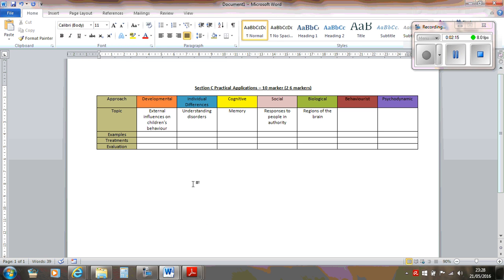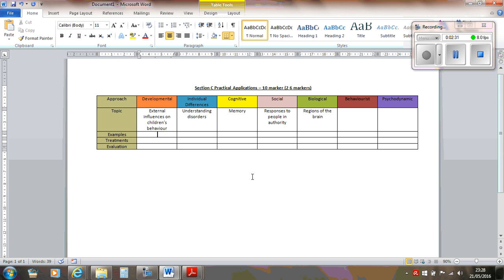So what I've done is I've put all the different approaches here, and I've put all the topics that these approaches are talking about. We've got the developmental approach, which is external influence on children's behaviour.